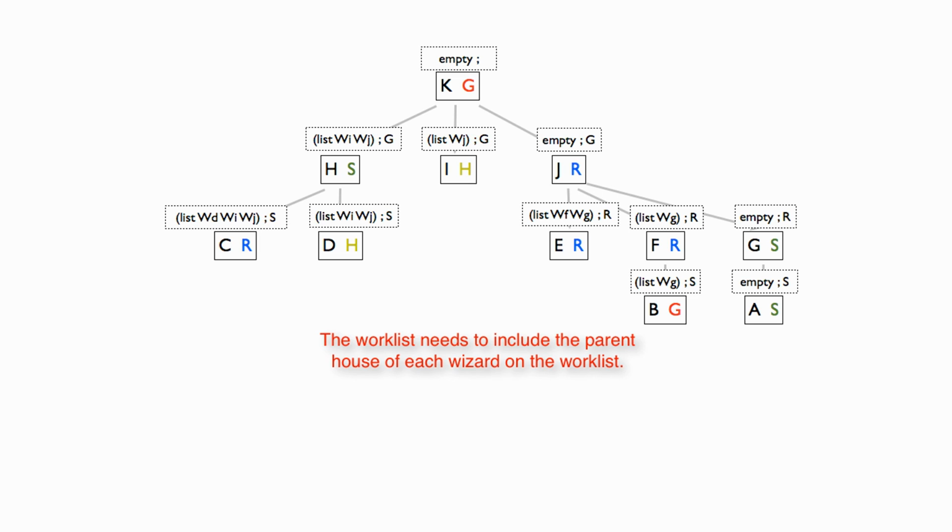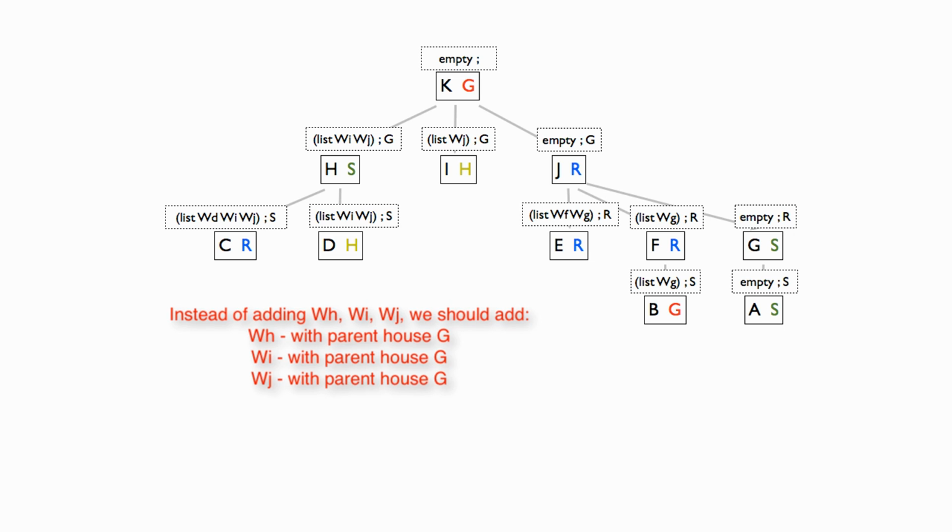When we're at a call to Fun for Whiz on K, we're going to add three things to the work list. We're going to add H and I and J. But what we really need to do is add three pieces of compound information. We need to say, yeah, it's H with parent house G, and I with parent house G, and J with parent house G.